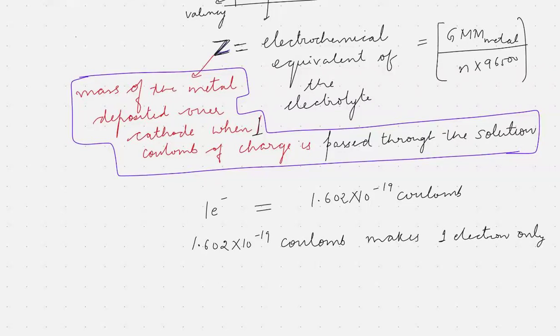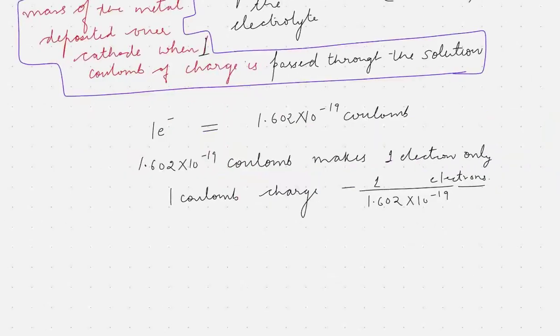So 1 coulomb of charge makes 1 by 1.602 into 10 raised to power minus 19 electrons.